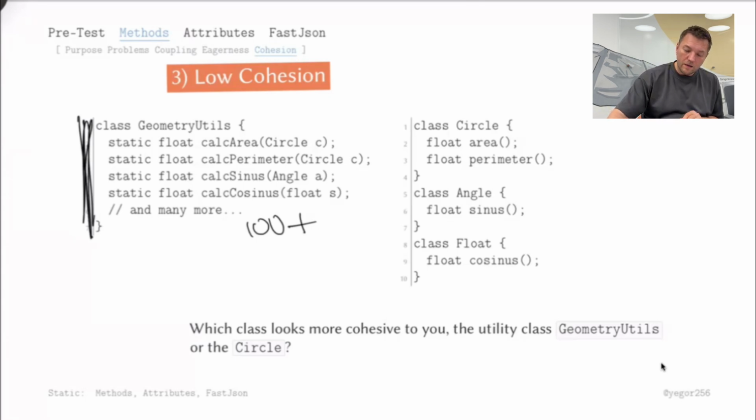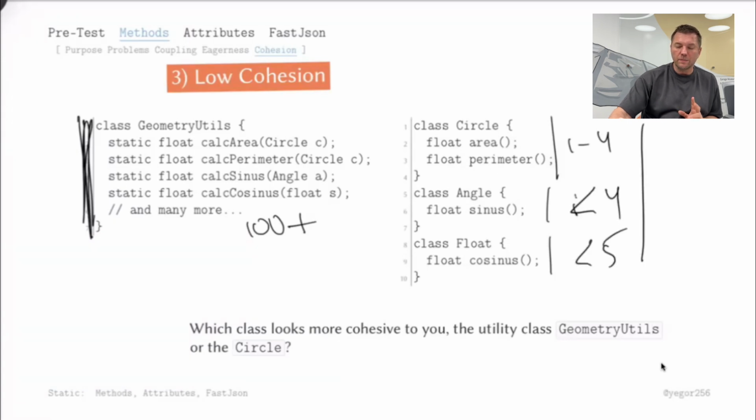Instead, we make many separate small objects where each individual object will have 1, 2, 3, maybe 4 methods, maybe up to 5, a very small number of methods, but not like that. When you have a utility class, you are encouraged by the name to add there as much as you can.